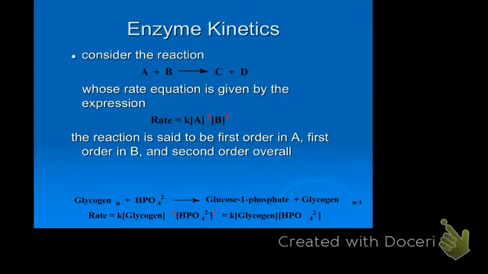And then we give just an example. This is glycogen phosphorylase, the enzyme. We actually talk about it next semester. So the rate is equal to the rate constant, of course, times the concentration of glycogen times phosphoric acid.